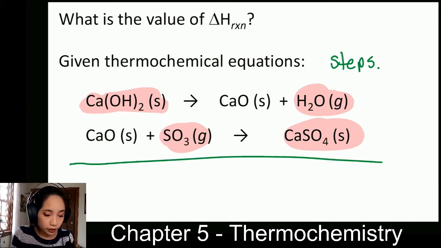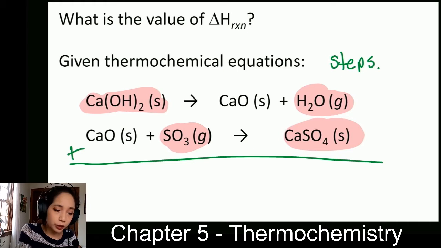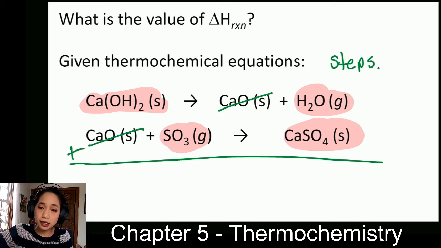If we add these two reactions up, calcium oxide is produced in one reaction but consumed in the other. So it cancels out because they are on opposite sides of the different steps. It's produced and then consumed, so there's a net zero calcium oxide.